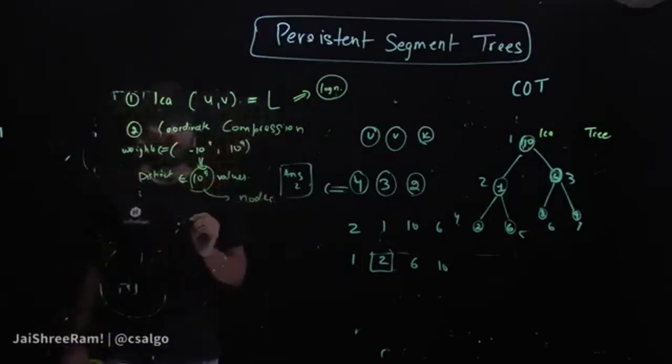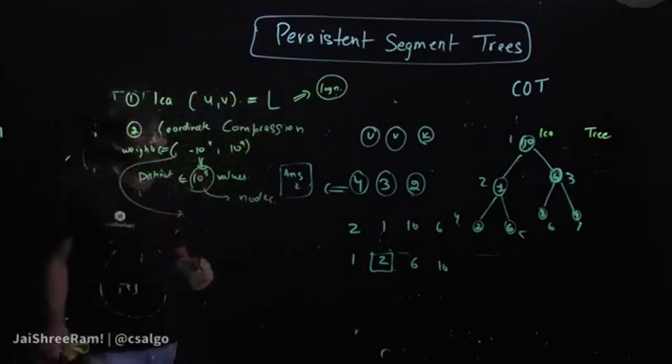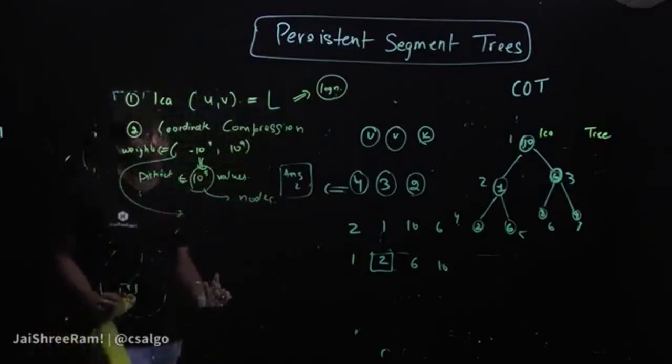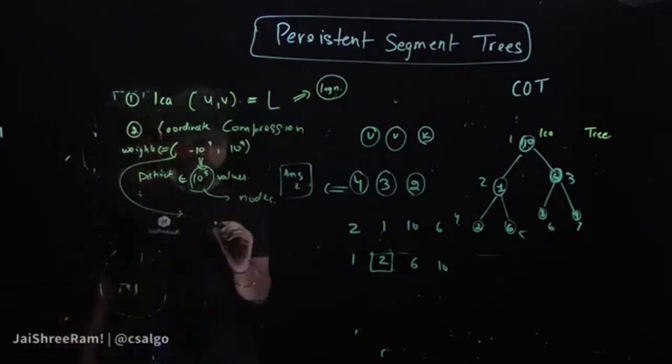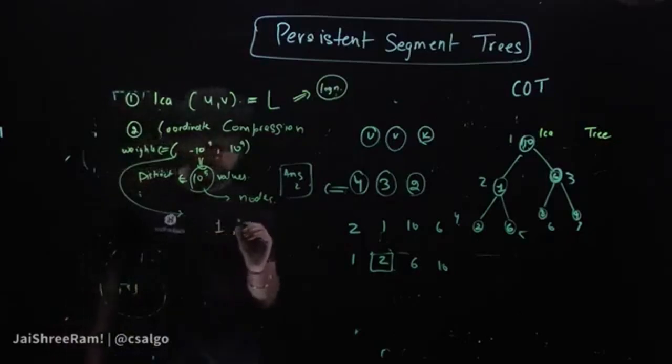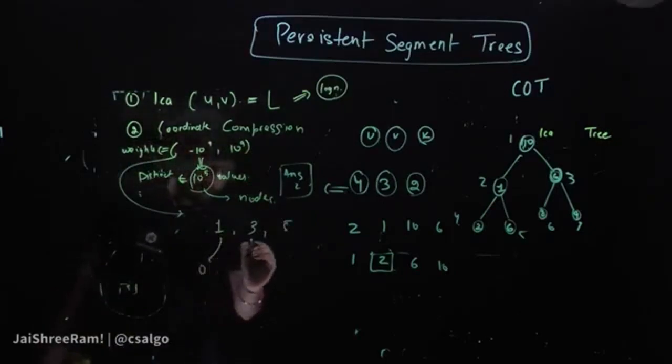So in this case, we can actually compress these values to some other values so that we can work on a segment tree. So the values like 1, 3 and 5, let's assume, can be mapped to 0, 1 and 2.